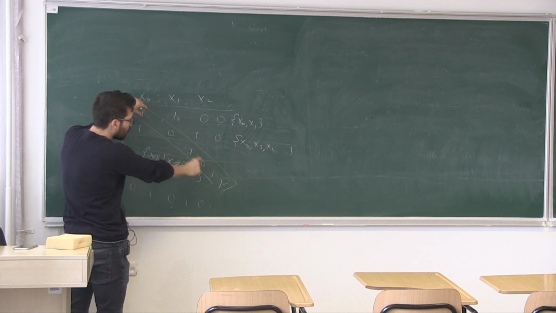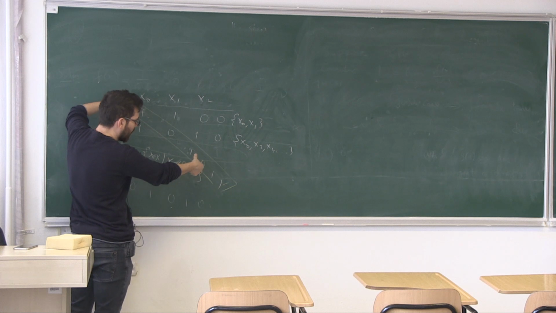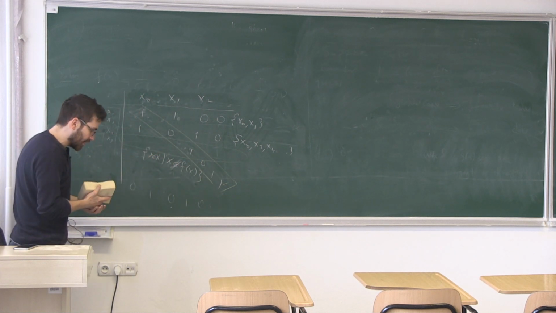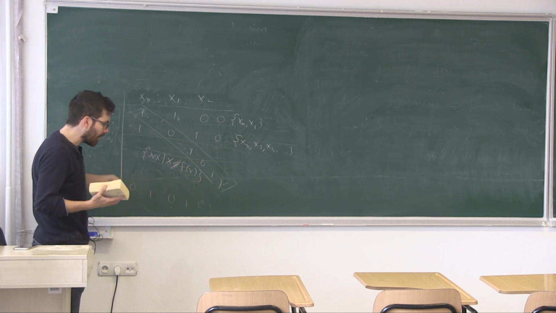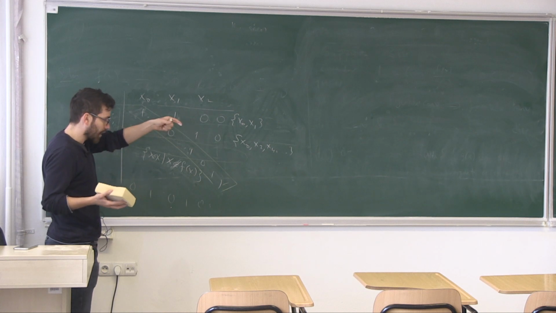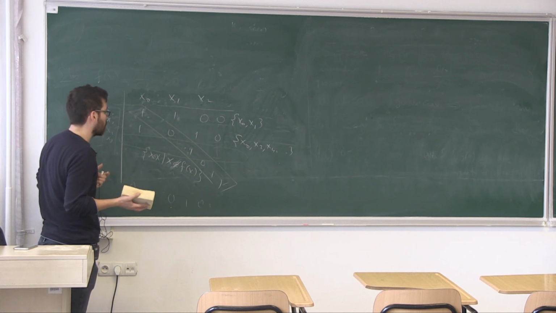It's going to correspond to the 0, 1 sequence, which is obtained by flipping this diagonal. So the diagonal argument we did in class with power set can be seen as a generalization of the diagonal argument I described with 0, 1 sequences.